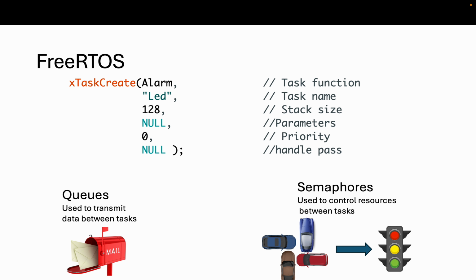This is going to make sense once we go over lab 7 example 2 and example 3. The task name can be whatever name you want to call it. Stack size, just keep it at 128 to keep things simple. We're not going to be dealing with parameters, so keep it null. Priority is going to be 0, 1, 2, or 3. And the handle, just keep it as null.